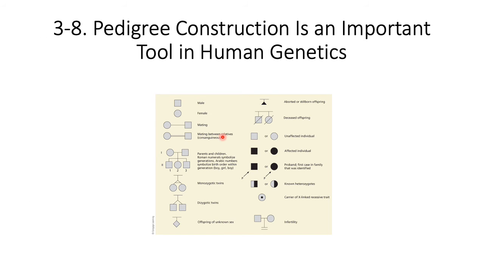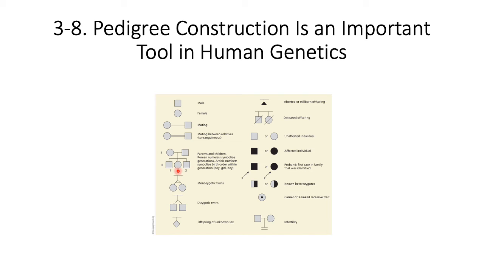A pedigree is basically drawn in squares and circles, where squares are males and circles are females. The line that is formed across is considered a mating, and the line that is formed down, perpendicular, is the next generation. The I here is generation 1, and the 2 is generation 2, meaning that the female and the male have mated and they had 3 children, 2 males and 1 female.